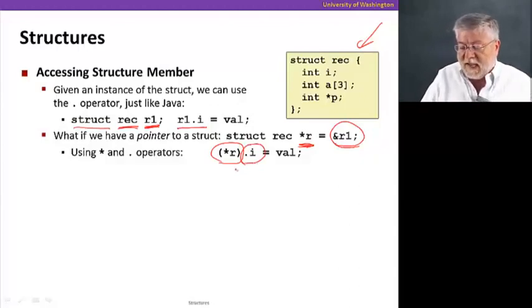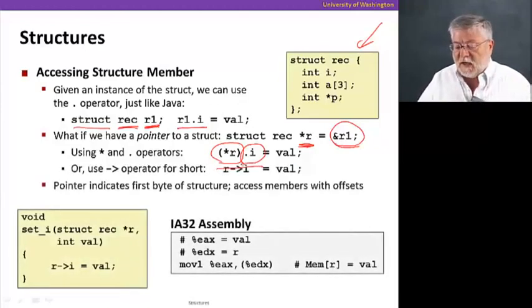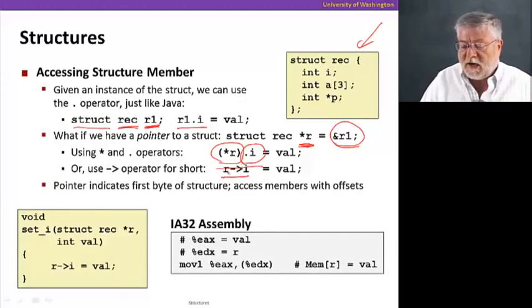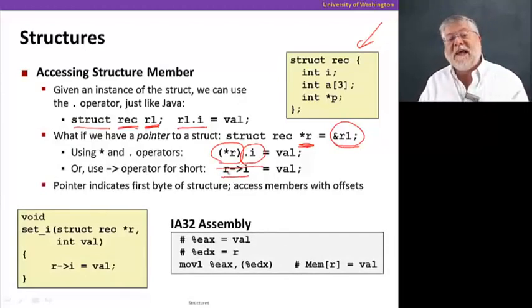Okay, so this happens so often in C that we actually give it a shorthand. We give it the shorthand R right arrow I, and the arrow is drawn as a dash followed by a greater than sign. And that's just a shorthand for doing that dereference first, that's what the parentheses indicate, and then the dot.